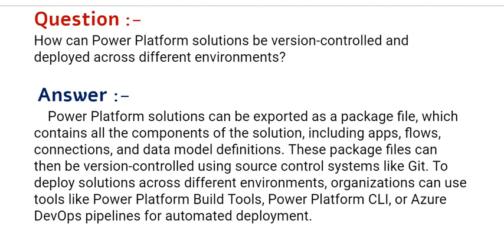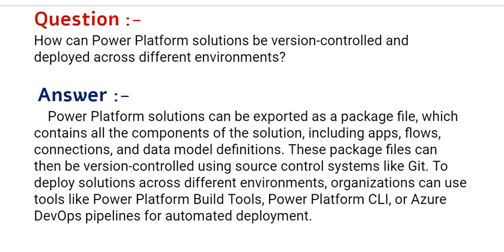Our next question is, how can Power Platform solution be version controlled and deployed across different environments? Your answer should be, Power Platform solutions can be exported as a package file which contains all the components of the solution, including apps, flows, connections, and data model definitions.